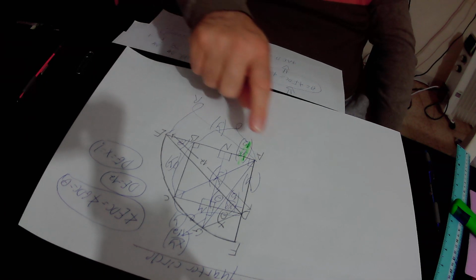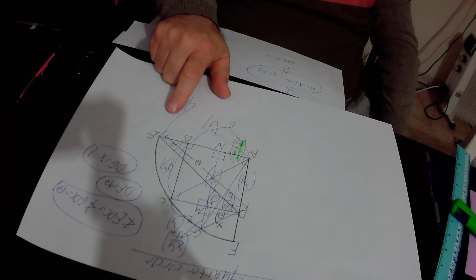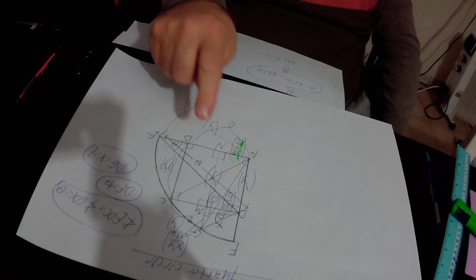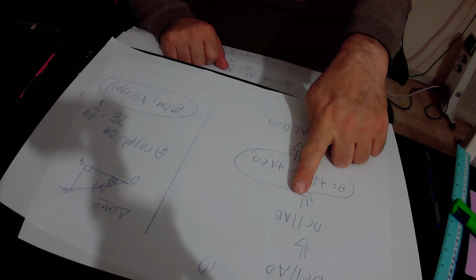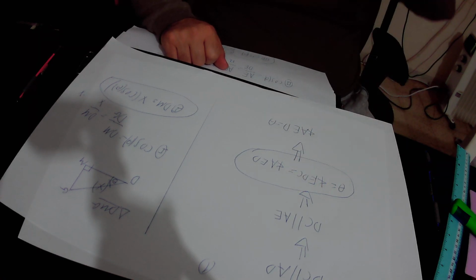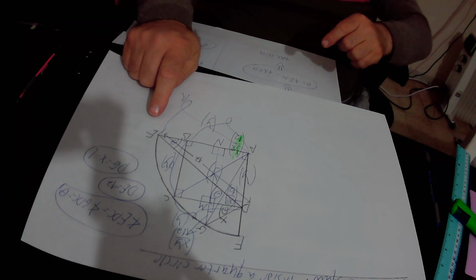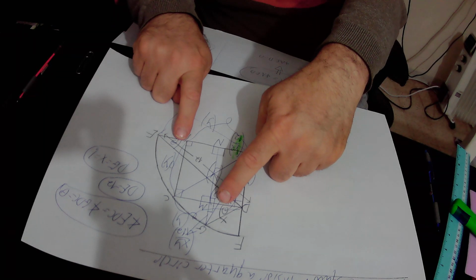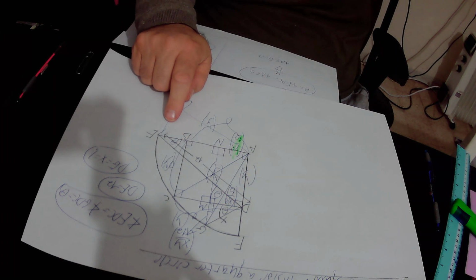Therefore, DC must also be parallel to AE. And from the fact that DC is parallel to AE, we derive that those two alternating angles must be equal to each other, according to the rule that alternating angles between parallel lines are equal.